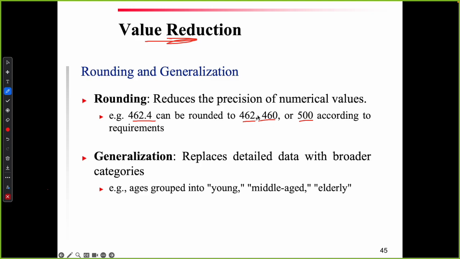And this obviously keeps our data numeric. So you're not converting numeric data into categories. You still have numeric data, but you're just reducing the distinct values, or removing those tiny differences that may not even matter.